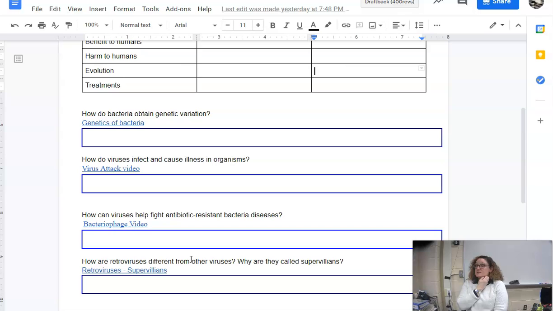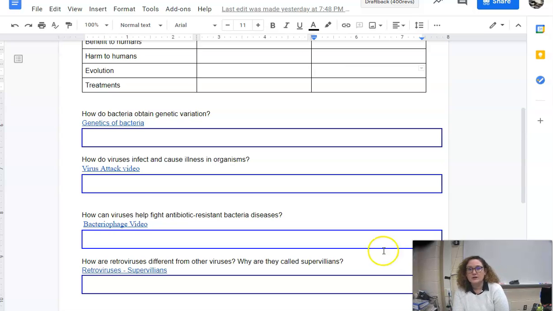Retroviruses actually start with RNA as their genetic material, and then they have a protein in them called reverse transcriptase. So they take the RNA, and reverse transcriptase makes it into DNA using the host cell's nucleotides and other materials, and then it has the DNA that it can embed into the host cell.